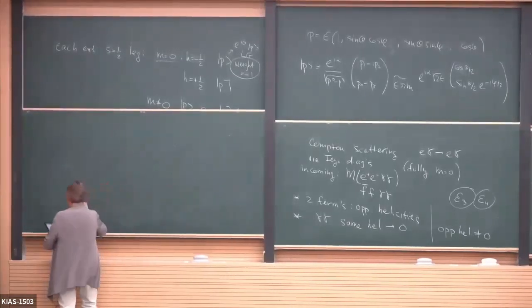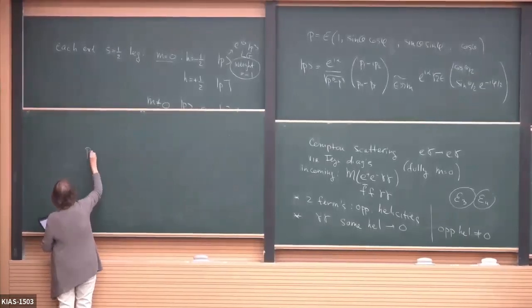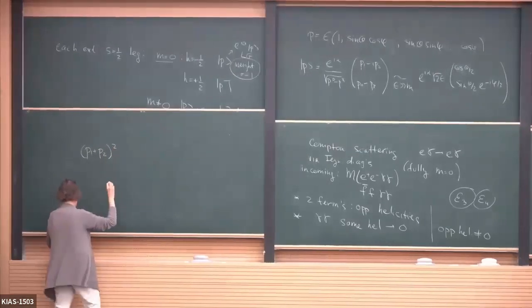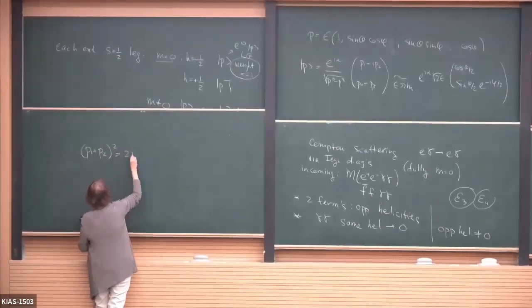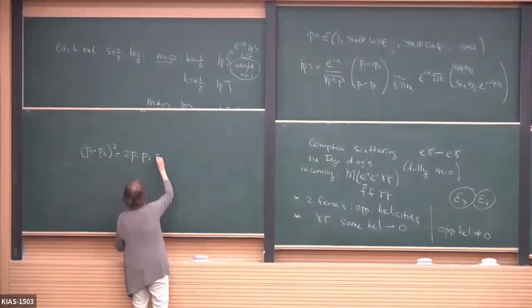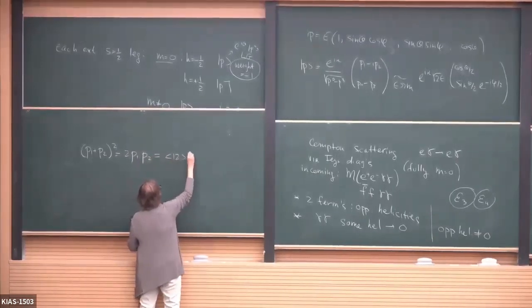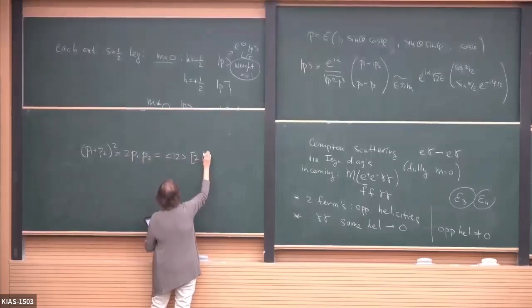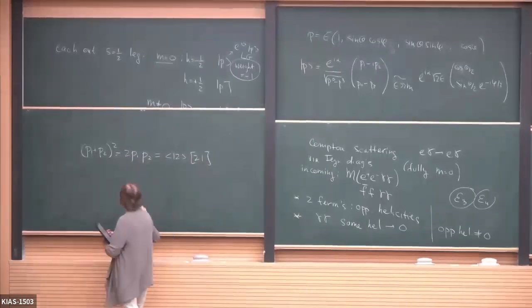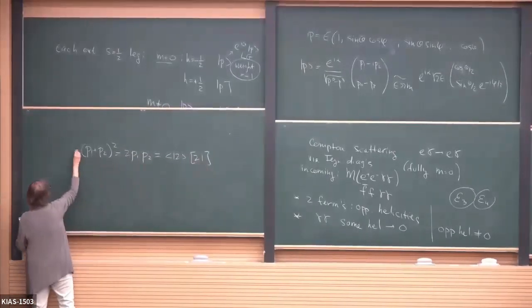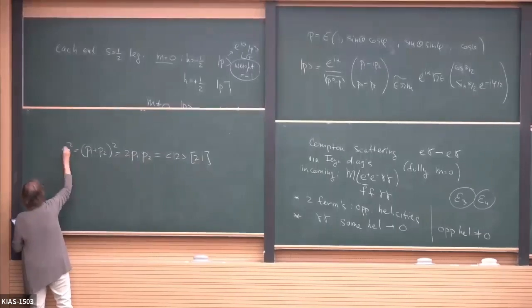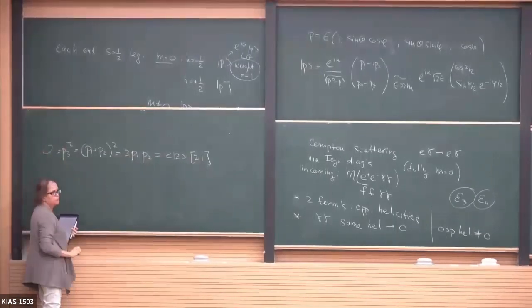Let's look, for example, at (P1 plus P2) squared. We said that this is equal to 2 P1 dot P2, and we said that this is equal to ⟨1 2⟩ times [2 1]. But on the other hand, it's also equal to P3 squared, and this guy is 0.